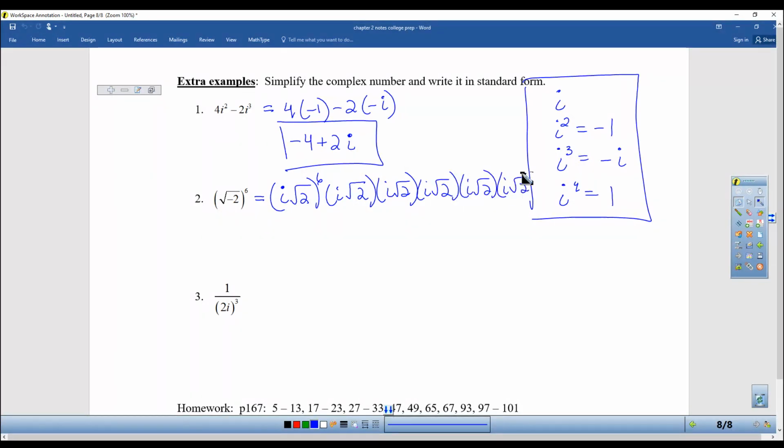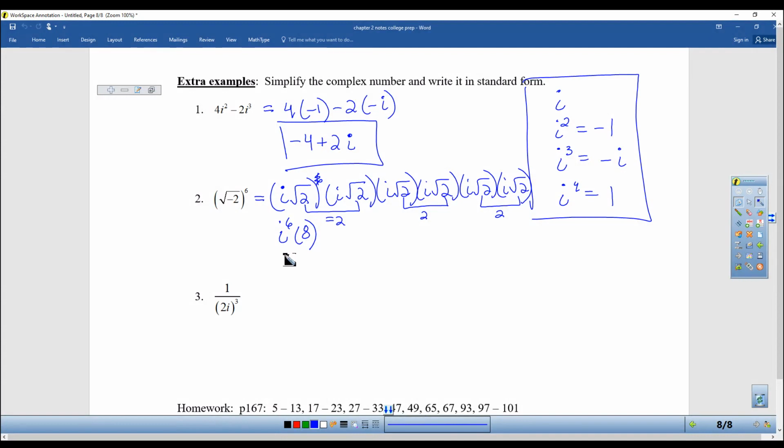Instead, I expect you to think in your head, okay, this is going to be i to the 6, and then the square root of 2 times the square root of 2 is 2, three times, and 2 times 2 times 2 is 8.